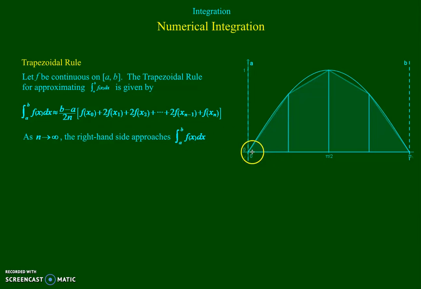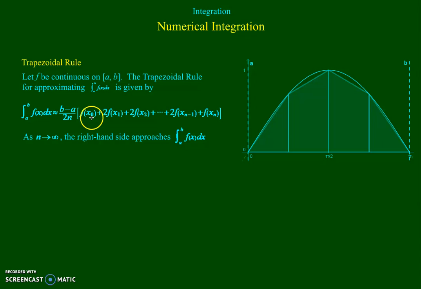In essence, what you're doing is using the difference from this to find the height of your trapezoid. And this is base 1, and this is base 2. If you remember the area of a trapezoid, it's one half the height times base 1 plus base 2, and that's what this formula breaks down to.